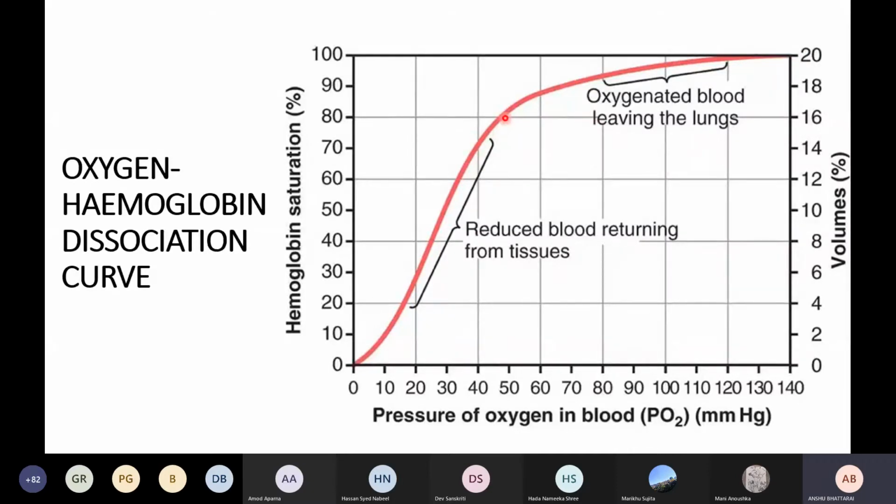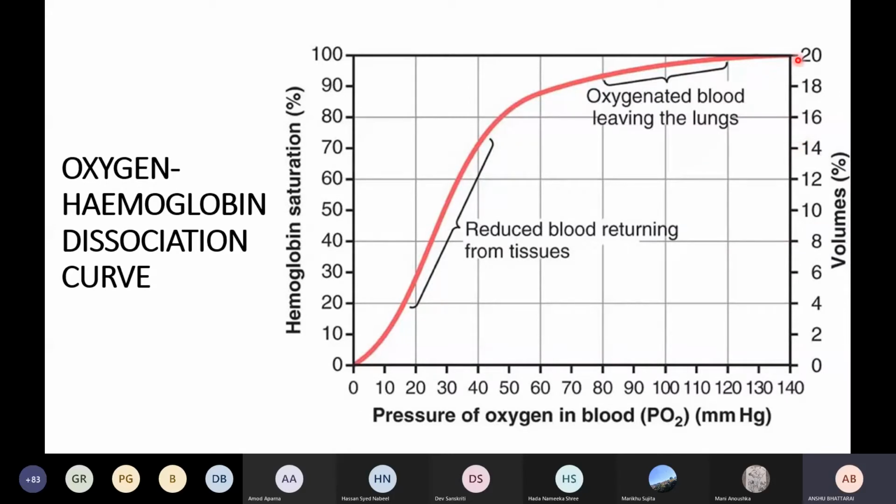And you can see over here, when the tissues take up more and more oxygen and the partial pressure continues to drop and it reaches about 40 millimeter of mercury, the oxygen saturation of hemoglobin reaches about 70 to 75%. Then the volume that is present is 15 milliliter. 15 milliliter of oxygen is carried by 100 milliliter of blood in this case.